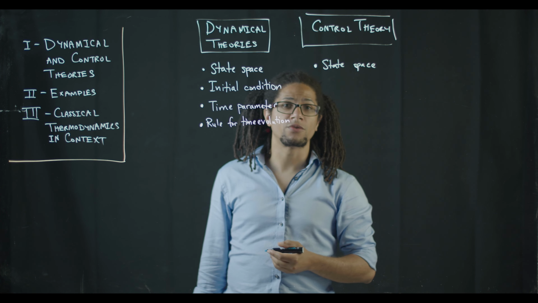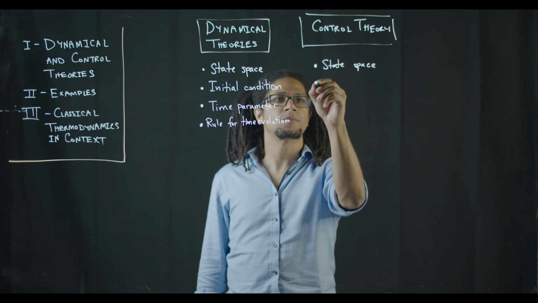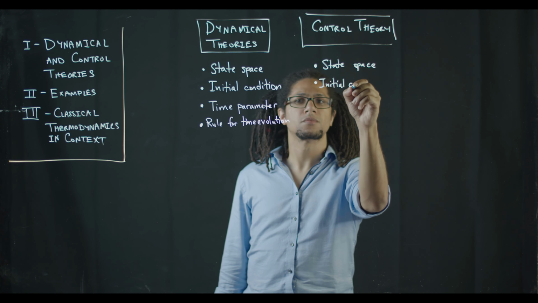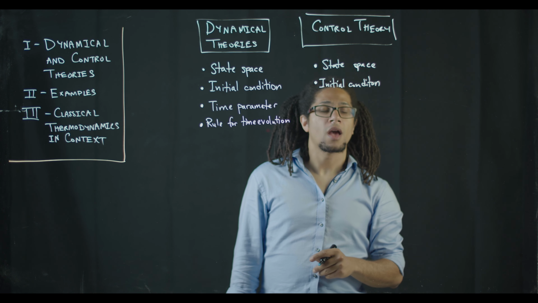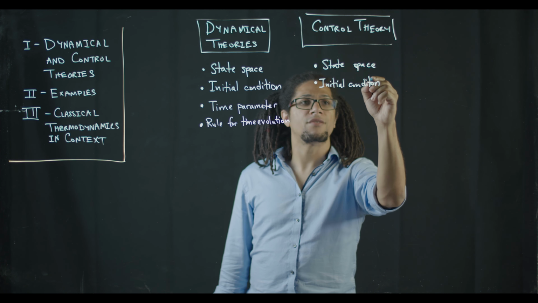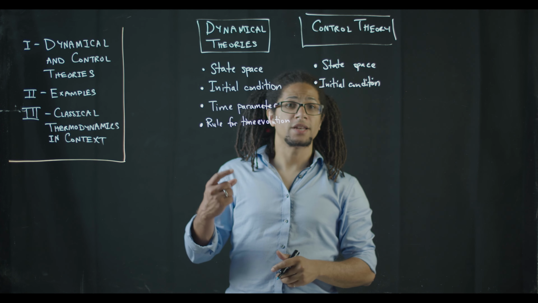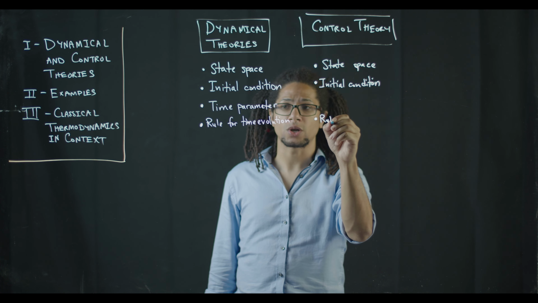It also involves an initial condition that the system is in before we touch it. However, it doesn't need to have necessarily a time parameter. It does have a rule for evolution if there is no action by the user.